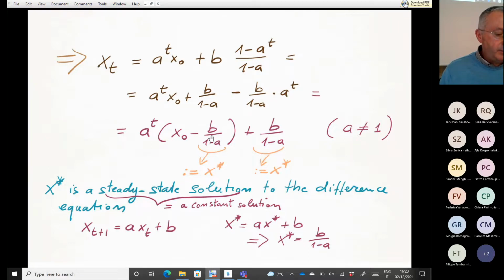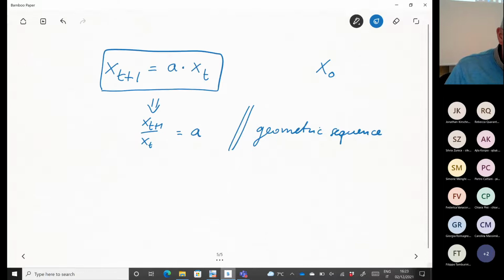And this deviation between the initial value and the steady state solution is multiplied by a factor a to the power of t. So let me just rewrite in another slide the formula, show you why this can be interpreted as a steady state solution, and show you the interpretation of this solution here. Everything is already in the slides, but I prefer to rewrite this and to focus on this.